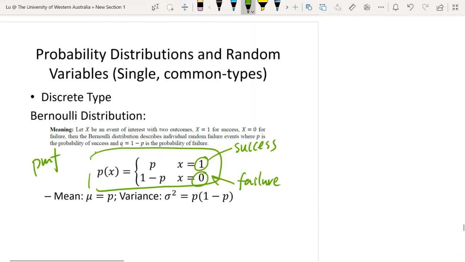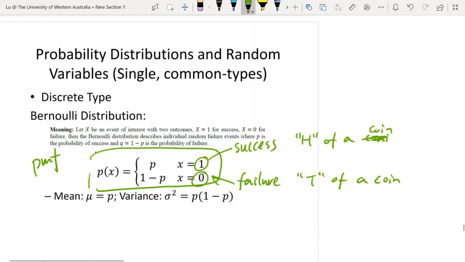Maybe you can define 1 to be the head of a coin and 0 the tail of a coin in the coin tossing game, which is fine. Or you can use 1 for light on, 0 for light off. That's the same thing, so it doesn't matter.